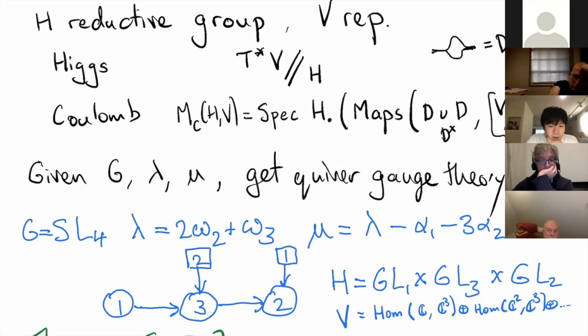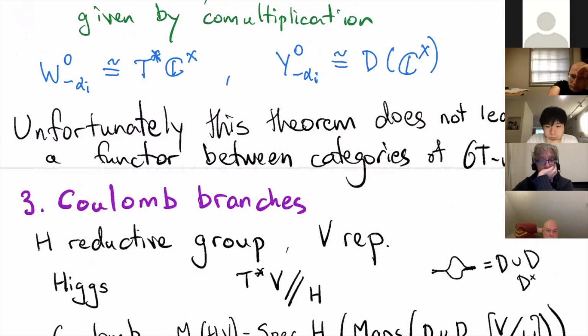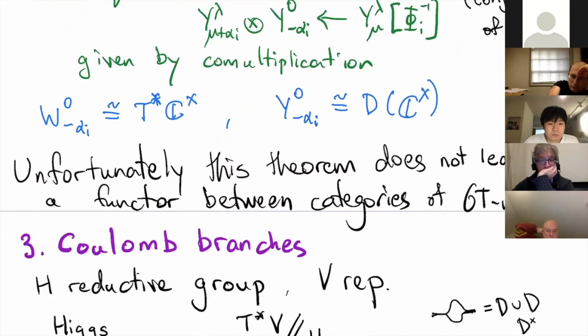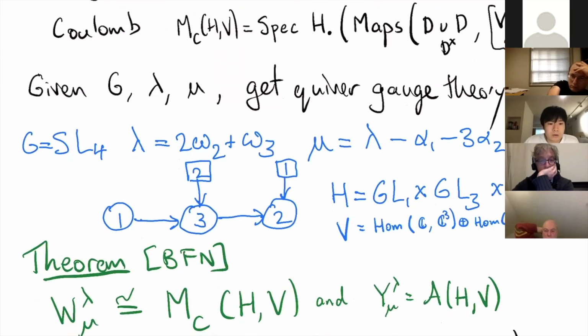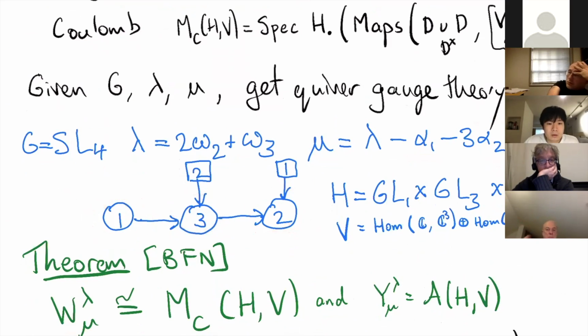We write lambda minus mu as a sum of simple roots, and then we use the coefficients here to make these vector spaces. And then we take H to be the product of these groups.